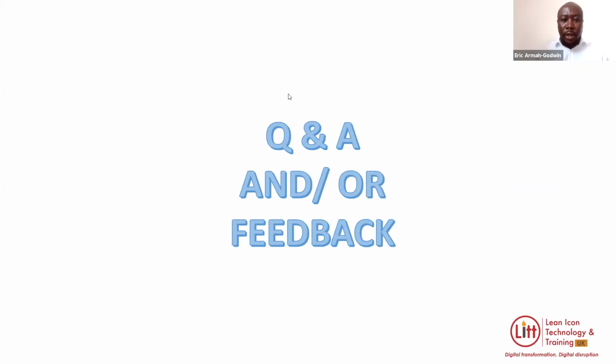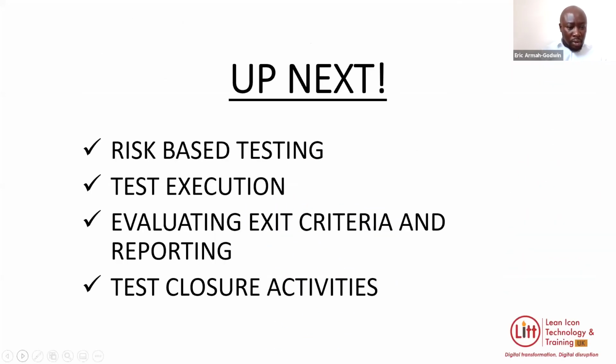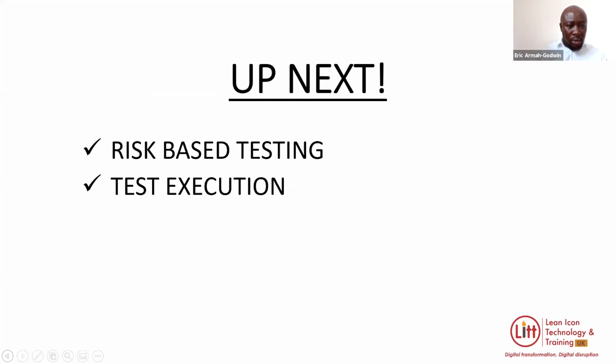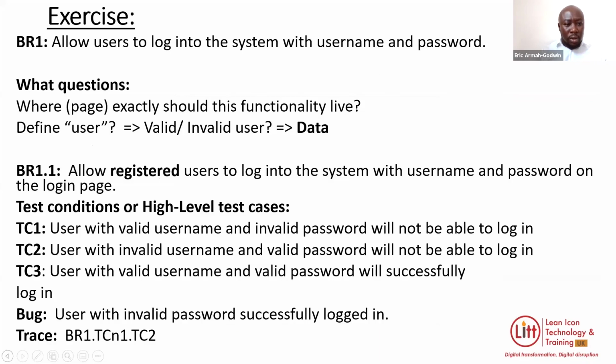Let me go back to one of the slides. I think I gave some examples here. Okay, so can you see this screen? Yeah. Okay, so for instance, you've got a test case. TC1 is a test case, right?